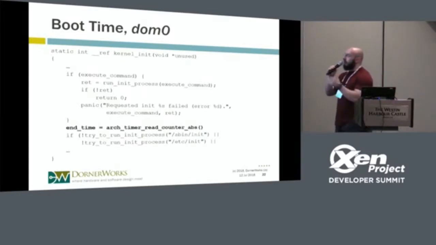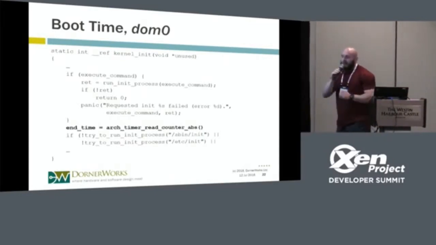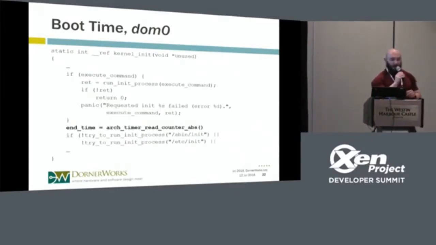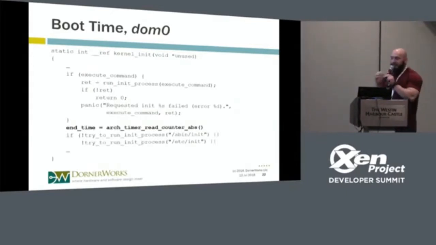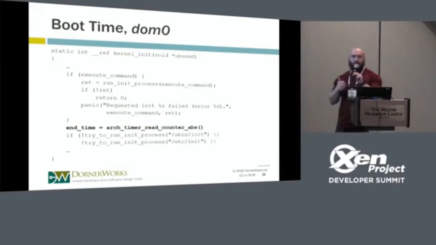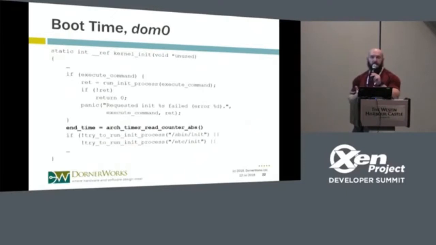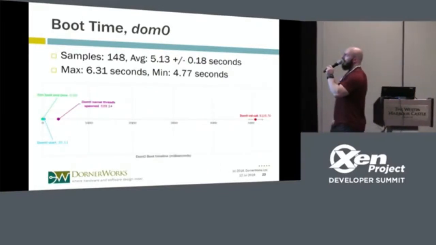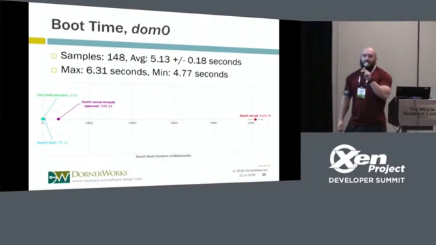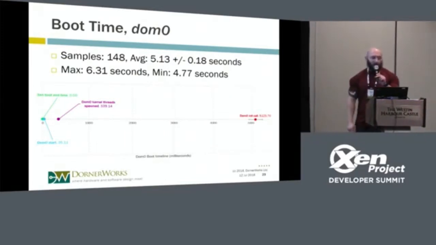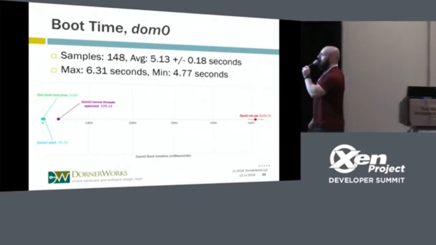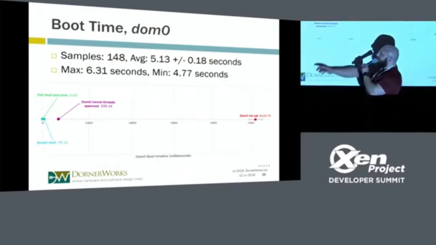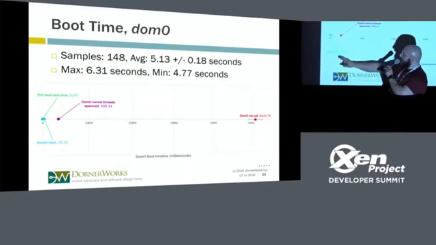And in this case, we instrumented it to go from the endpoint of Xen to two different points: the point where the actual Linux kernel init is done, and then the point where all of the subsequent init tasks complete. And what we found was it takes about 5.13 seconds for DOM0 to boot. Quite a while. So down here, the start point is the end of Xen boot.